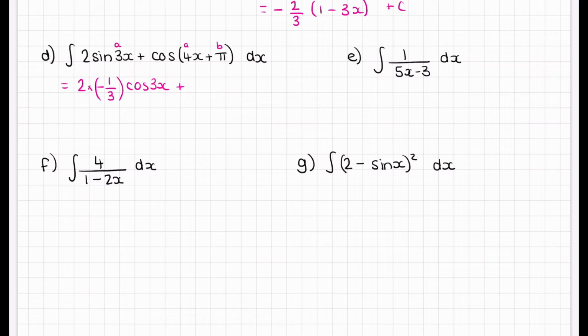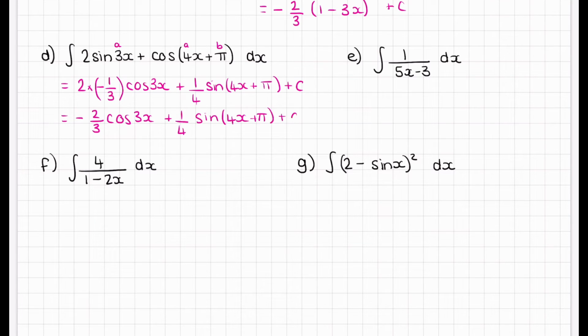And this will give us plus, integral of cos is just sine, which means it stays positive. And then we'll have 1 over a, so 1 over 4, cos changes to a sine, and the bracket always just stays the same. Simplify this, we'll get negative 2/3 cos 3x plus a quarter sine (4x plus pi) plus c.